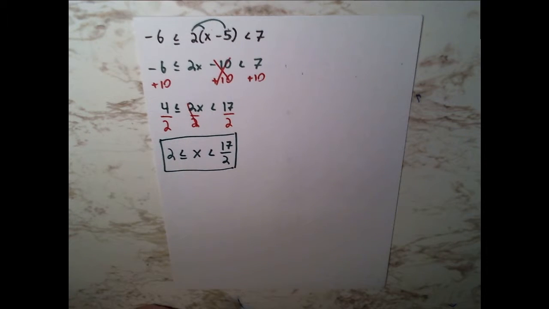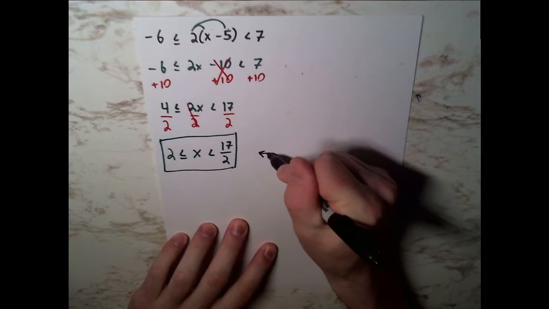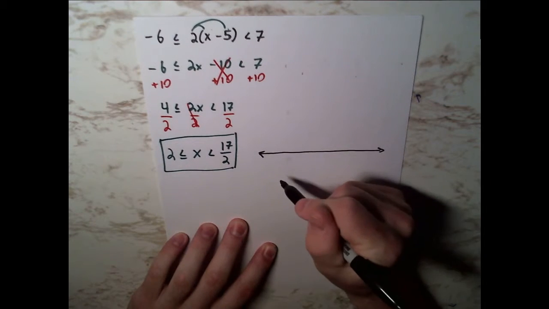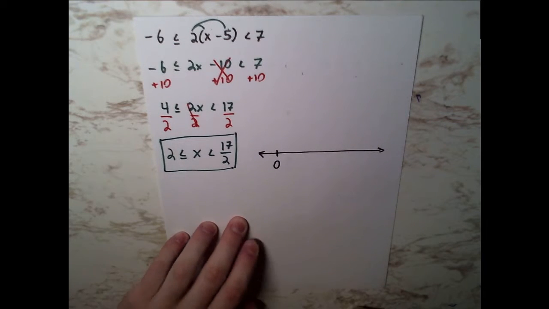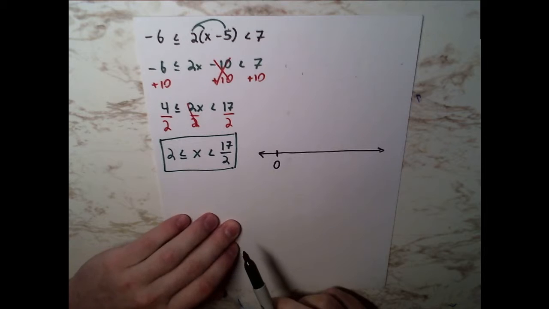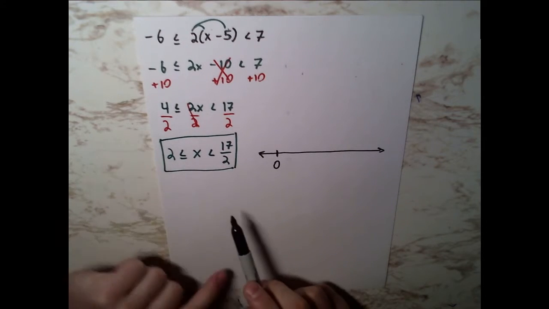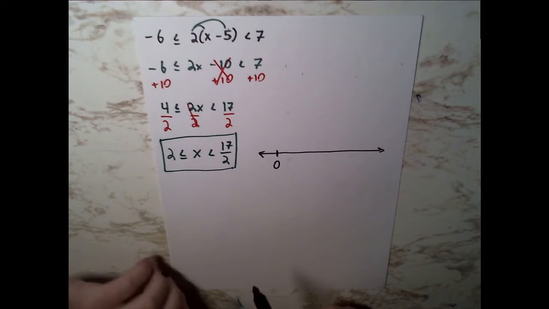So you can still draw a number line for this, so I'll show you how that looks. If we draw in a little number line, we will make this 0 right here, and the best way to transfer this onto a number line is just to split it up into two separate expressions.